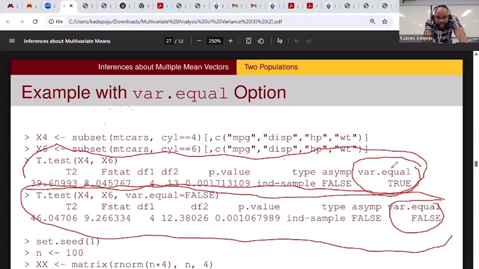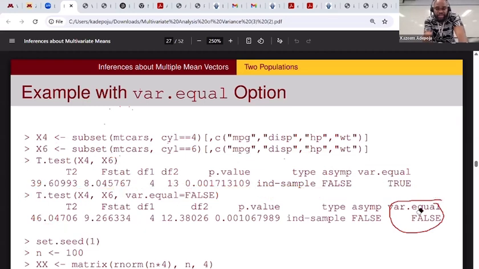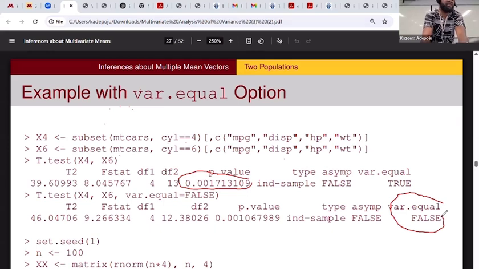The first one, we are assuming equal covariance matrix. Can you see? VAR equal, variance equal true. The p-value when we are assuming equal covariance matrix is this one here. When you are assuming heterogeneity in the covariance matrix, the p-value is this one here. So the two will not give you the same p-value.